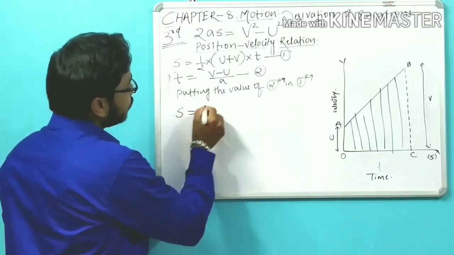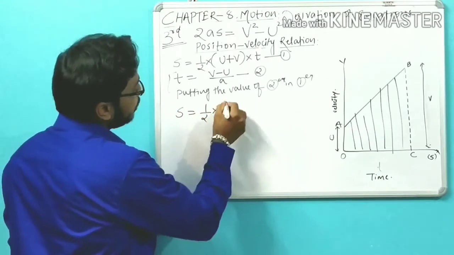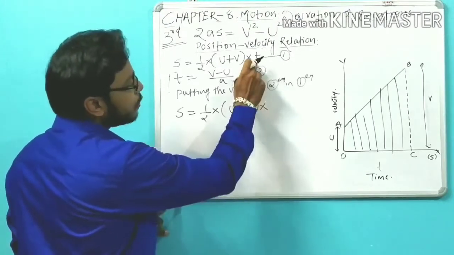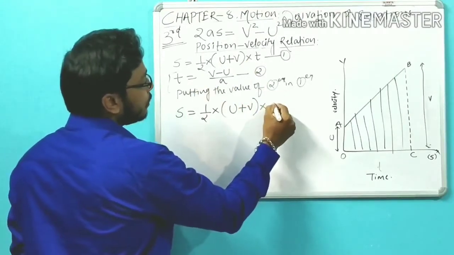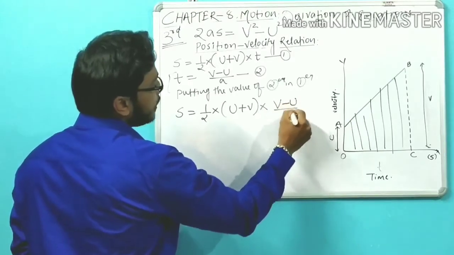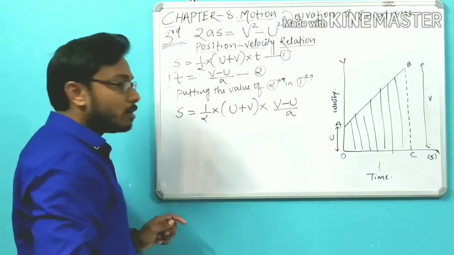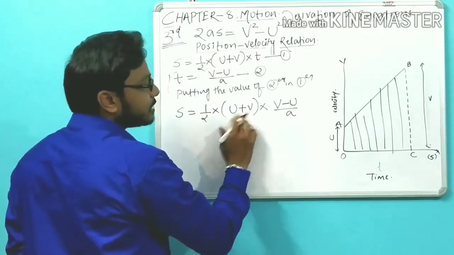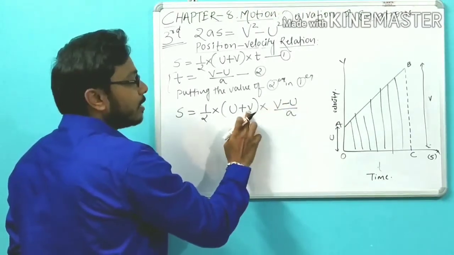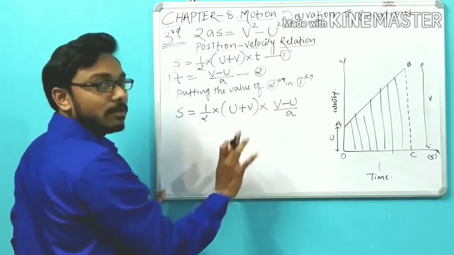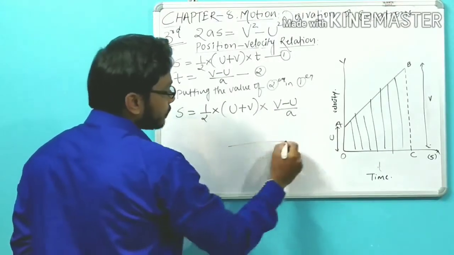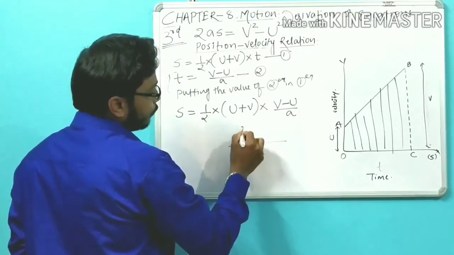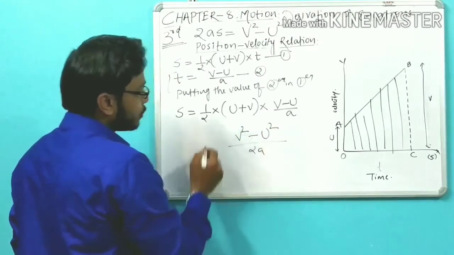So it will come as s equals half into (u plus v) into, in place of t, we put the value we have calculated, (v minus u) by a. Now by simplifying this equation, we use the formula (a plus b)(a minus b) equals a square minus b square, so we get 2a in the denominator, and v square minus u square.